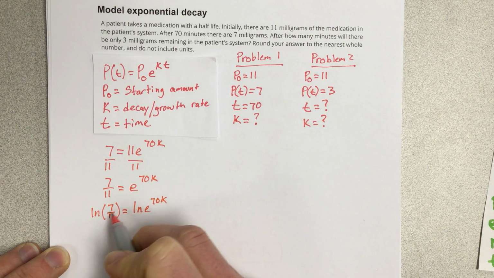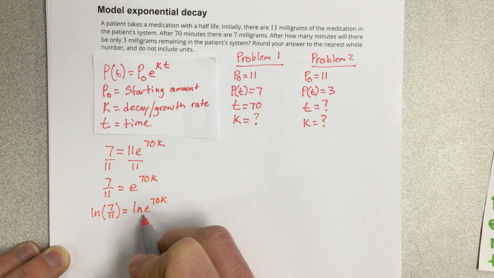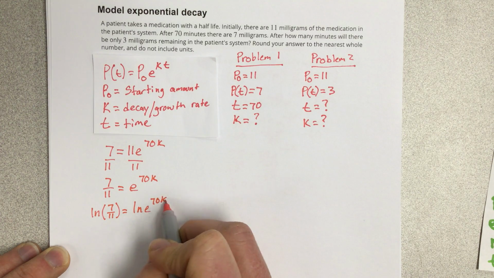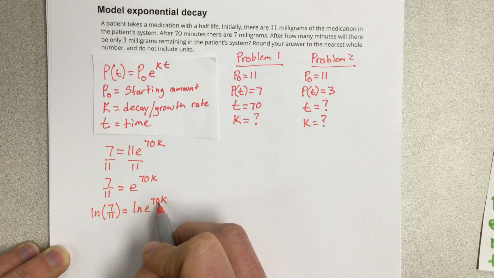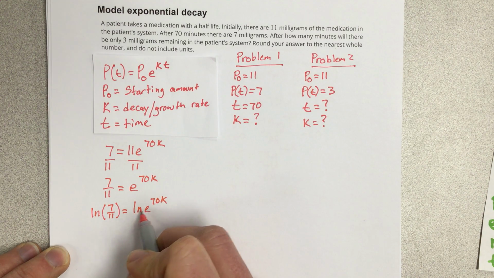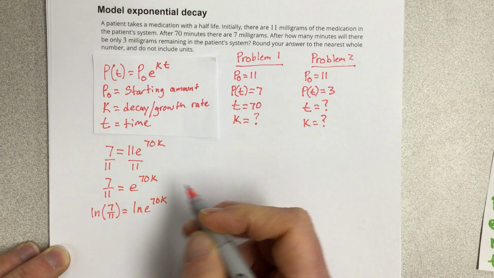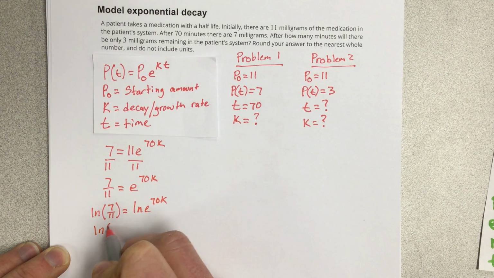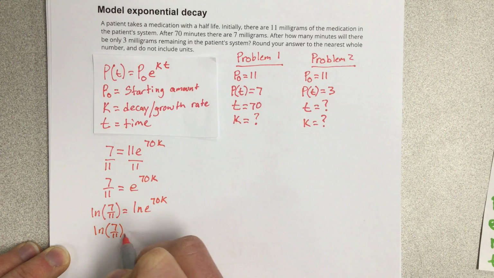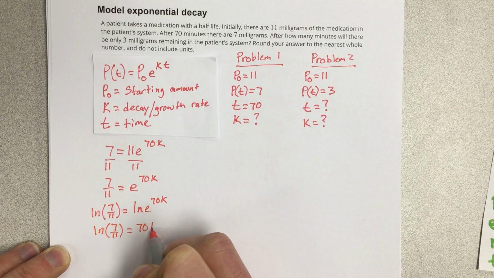When we take the natural log on each side, we have a log law right here. This is log base e of e. Log base e of e is 1. We can also use the power rule for logarithms, which means we move the 70k to the front. So if we do those things at the same time, this cancels to 1 and the 70k comes out front. So we have natural log of 7 over 11 is equal to 70k.